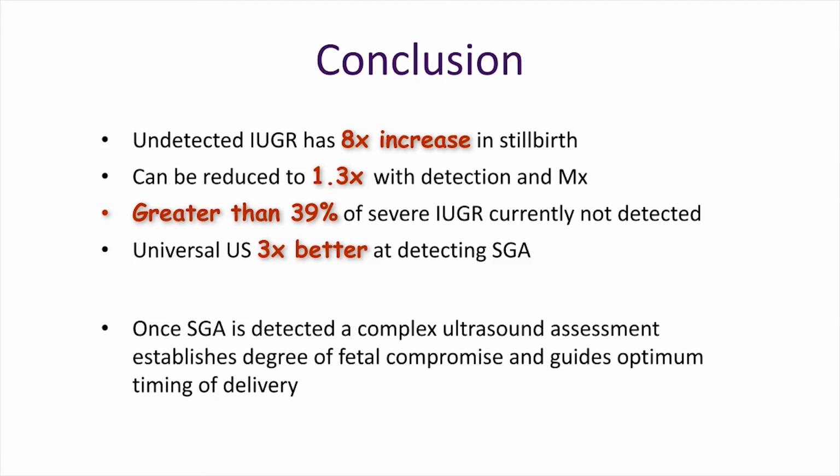Looking around at what's happening, we're finding that a quarter to a half of private obstetricians are performing some form of routine screening, so they're performing one or more ultrasounds in the third trimester. But in the public hospitals, this is certainly not routine.